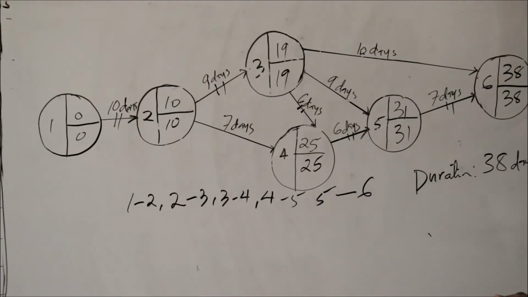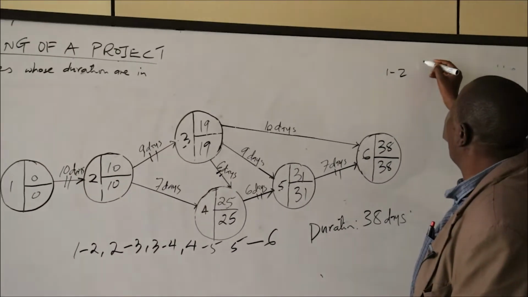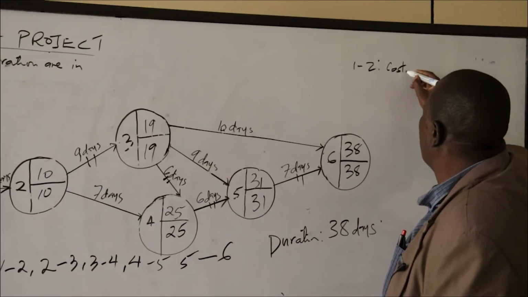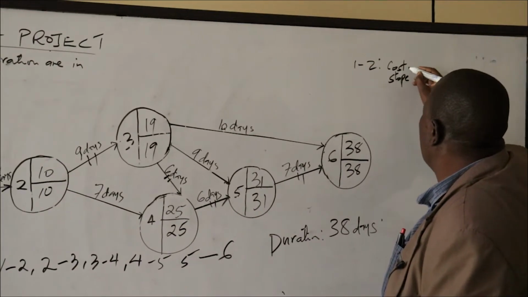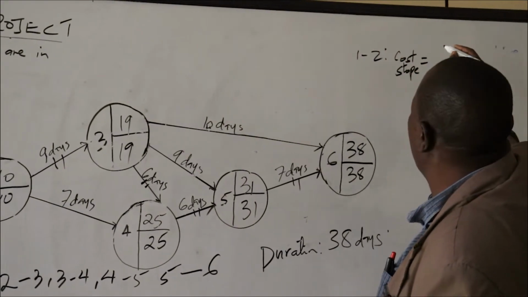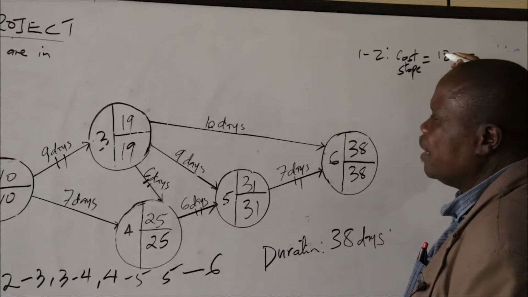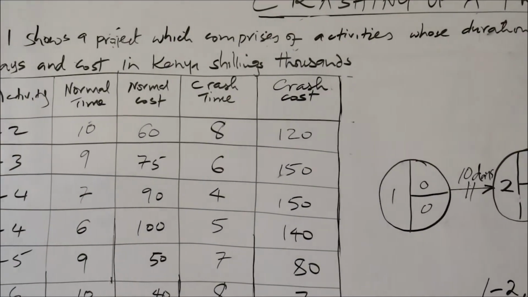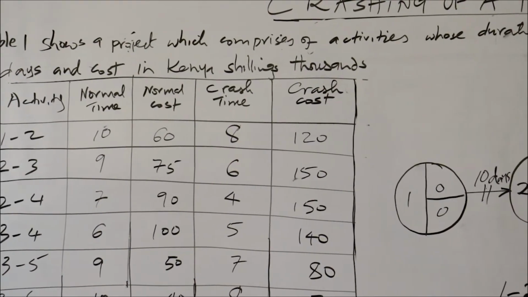Activity 1 to 2, the cost slope is the crash cost minus the normal cost, all over normal time.